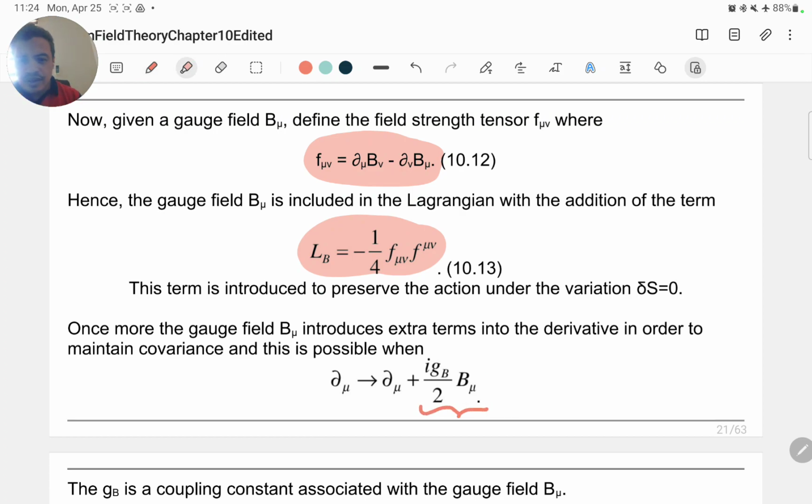So you will change the derivative into a covariant derivative, which is just the ordinary derivative added with this term.